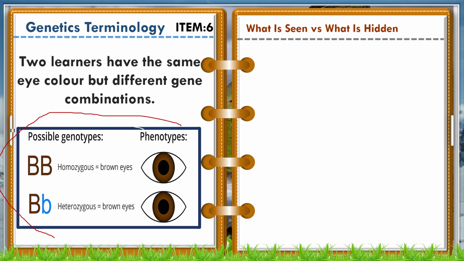When we look at our diagram here, what are we going to see? We have the possible genotype, capital B, and the phenotype, brown eye color, from this allele combination. Then we also have this combination, capital B, small b. That one also gives us brown eye.